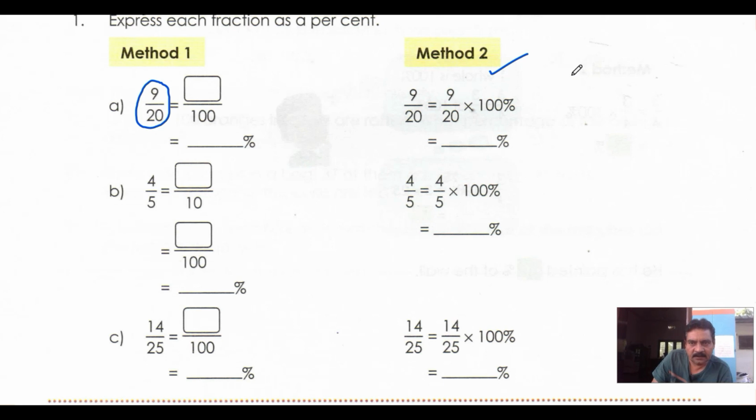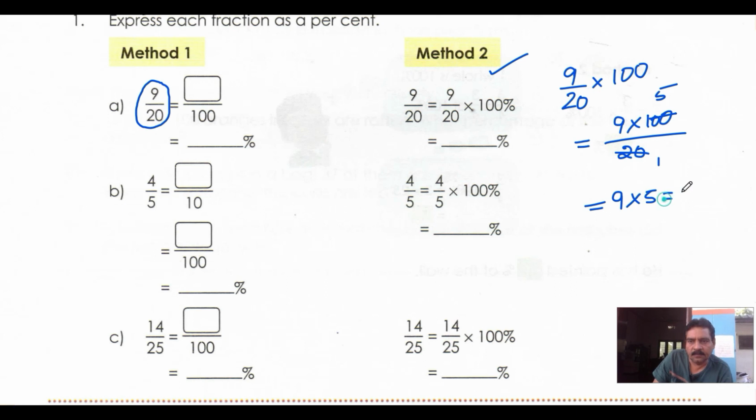So I'll do it here. 9 by 20 into 100. Then it becomes 9 into 100 by 20. 20 5s are 100, so 9 5s are 45. So this is your 45%.